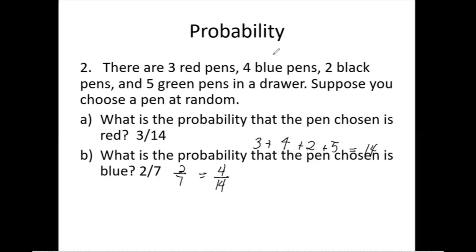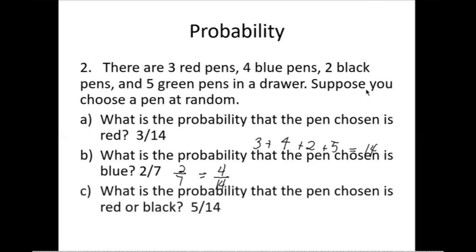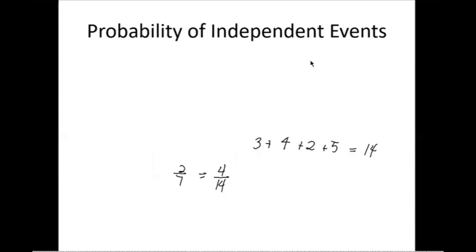Okay? Next, what is the probability that the pen chosen is red or black? Red or black, ang red natin ay 3 at ang black natin ay 2. Kaya 5 out of 14. Okay?